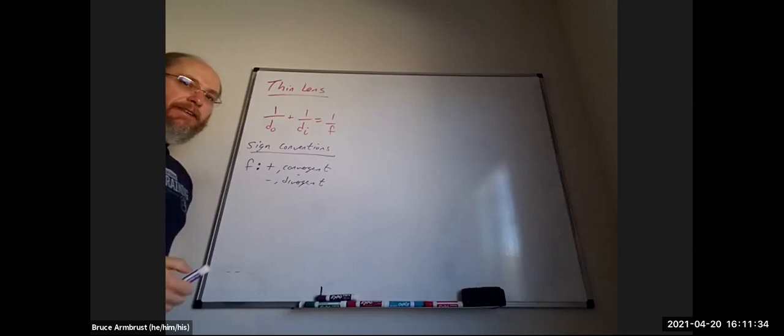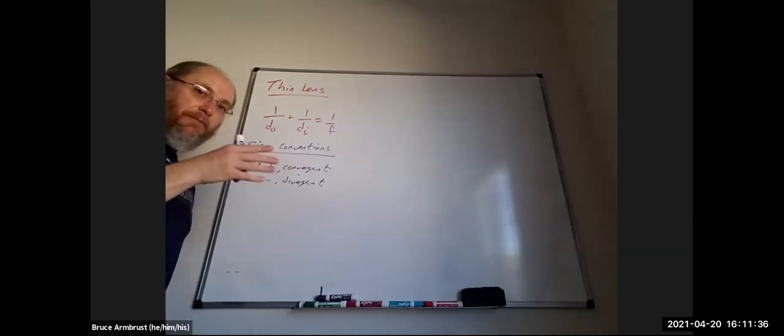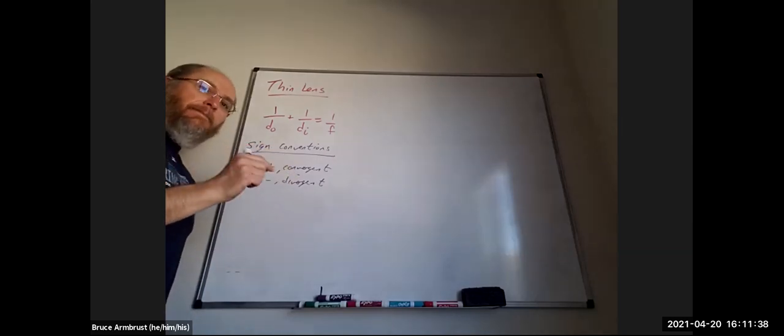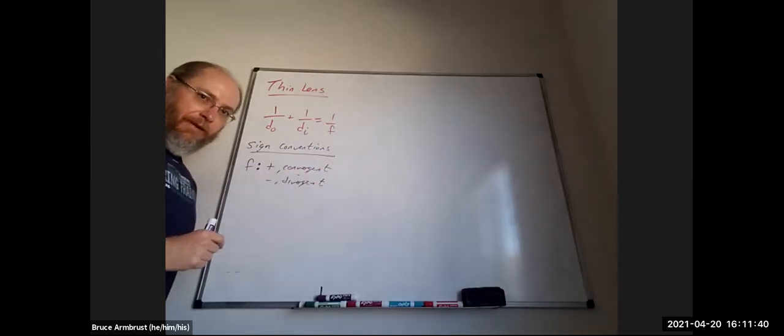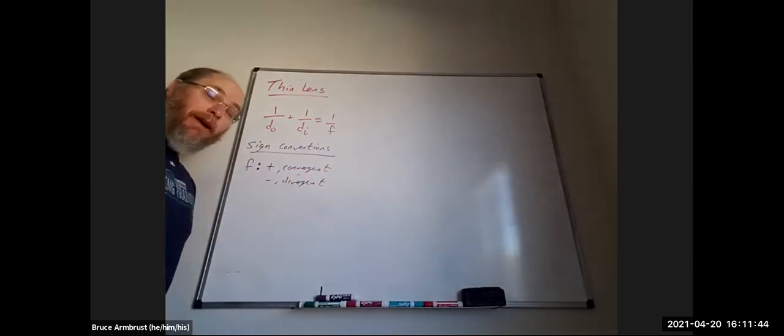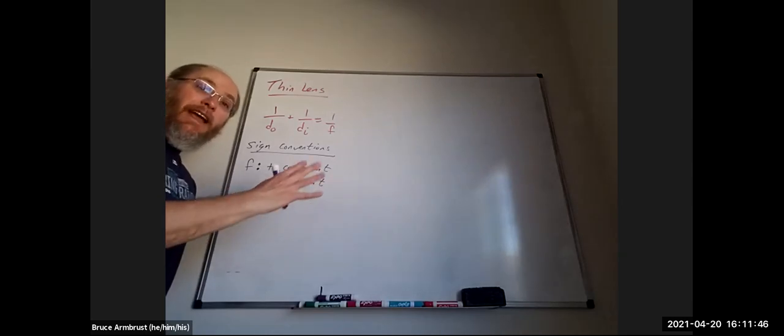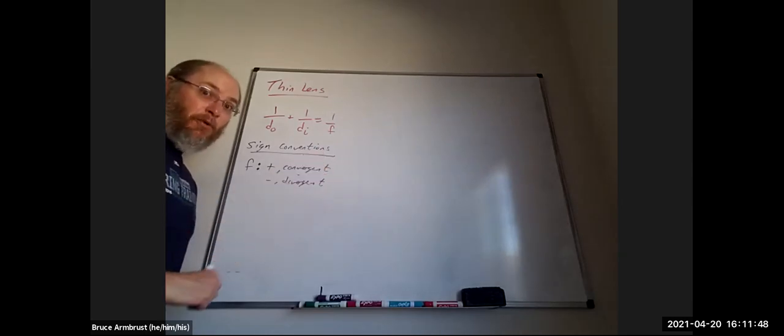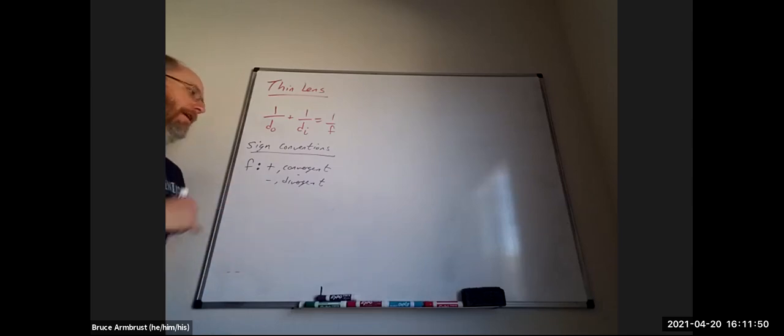And it's exactly what it sounds like, convergent. The rays that pass, or parallel rays that pass through it, will come together at a point. If it's divergent, parallel rays that pass through it will diverge as if they're coming from another point. And in that case, that other point, we would give it a negative F.